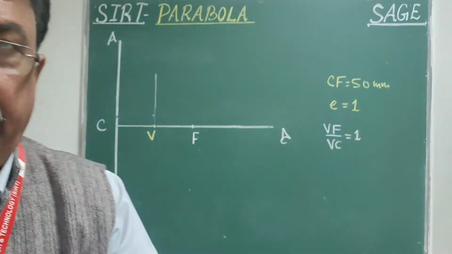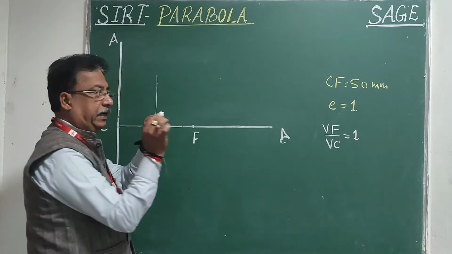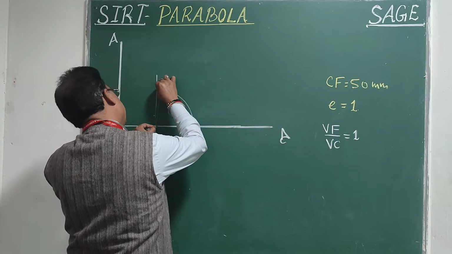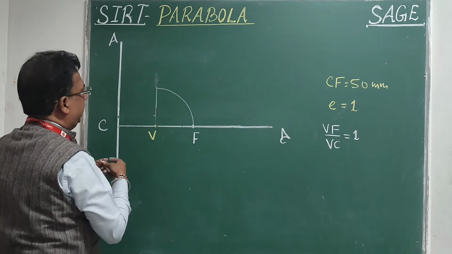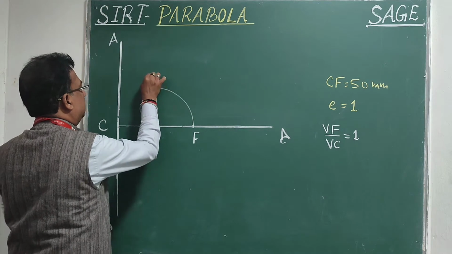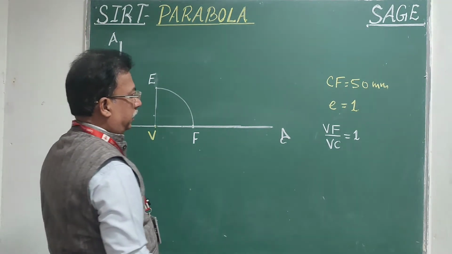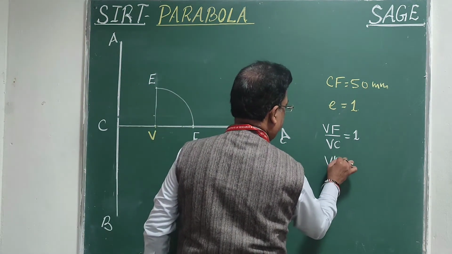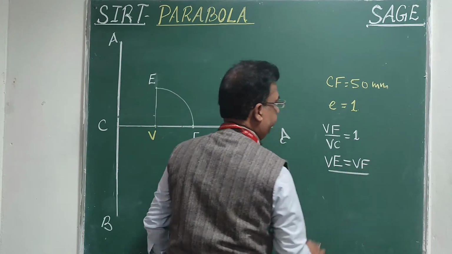After drawing this perpendicular, taking V as center and VF as radius, I am going to shift this point from here to here, and I will name this point capital E. The condition is that VE equals VF.